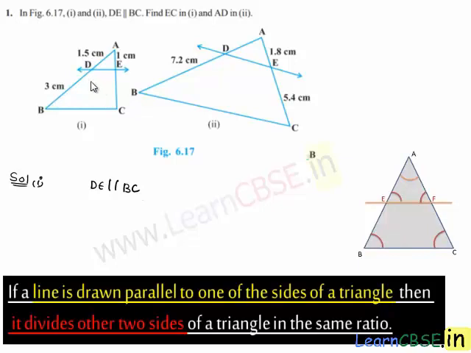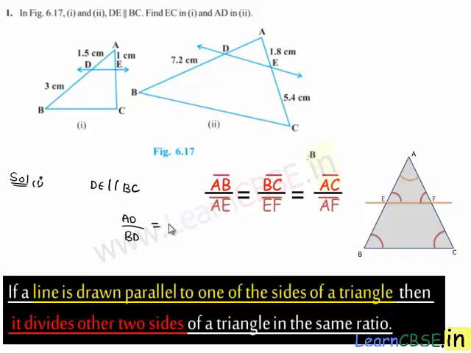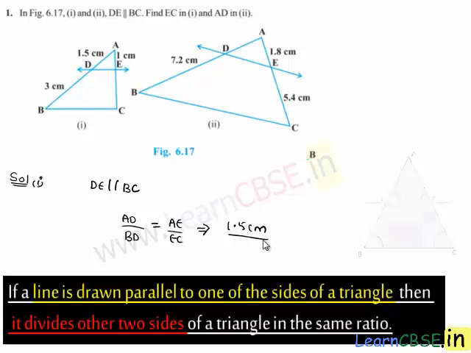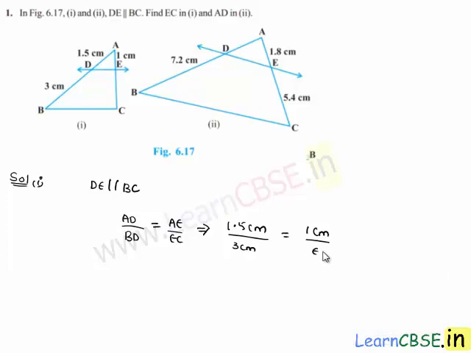So here, from the basic proportionality theorem, we can write that AD by BD is equal to AE by EC, which implies AD is 1.5 centimeters as given, divided by BD, which is 3 centimeters, equal to AE, which is 1 centimeter, divided by EC.